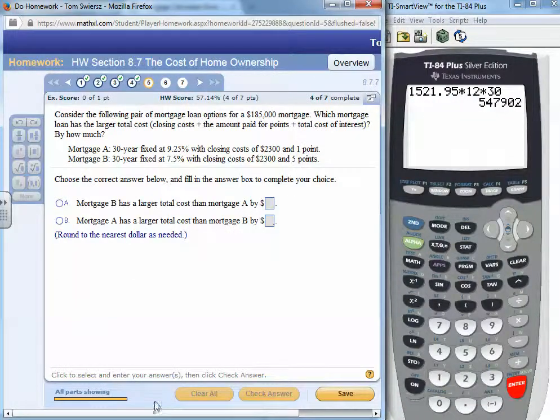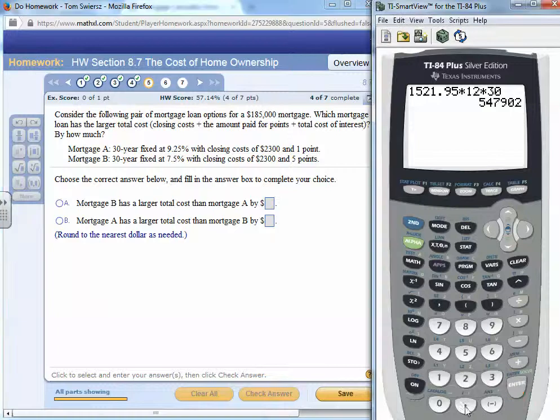So we'll do 0.01 times 185,000, which is $1,850, and there's also a closing cost of $2,300.